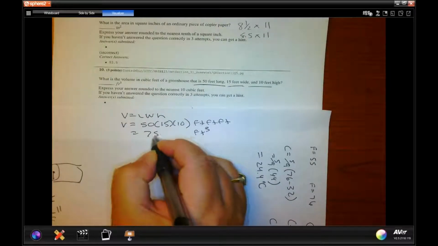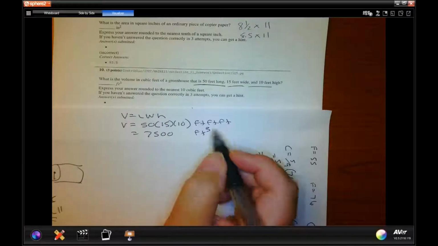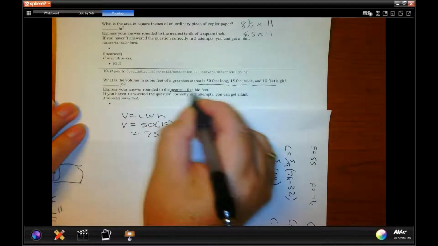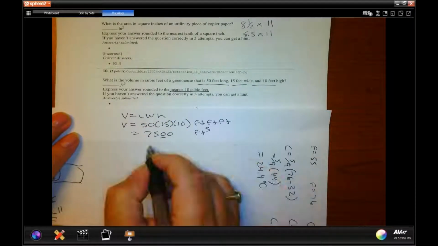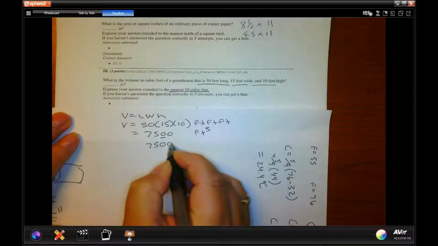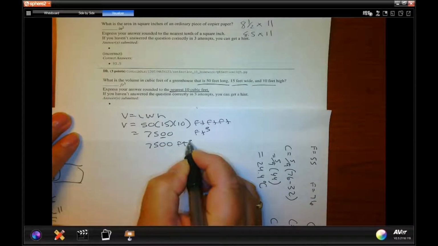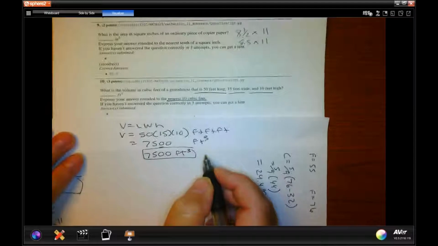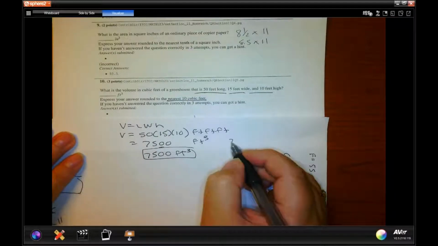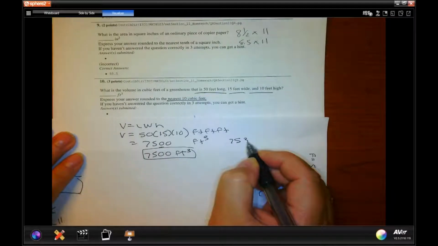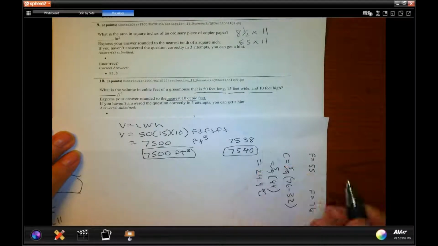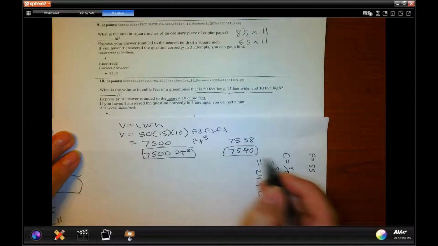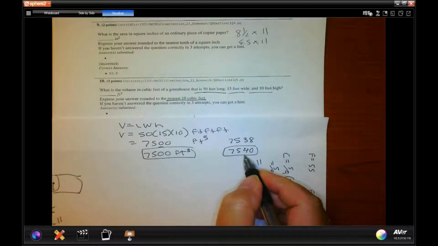Now, why this might give some of you problems is it said round to the nearest 10. Mine came out to a whole 0 there, so mine just stays the same. But if your answer had come out to be something like this, because it was rounding to the nearest 10, it would have come to 7540.